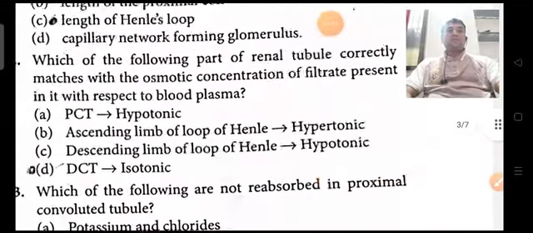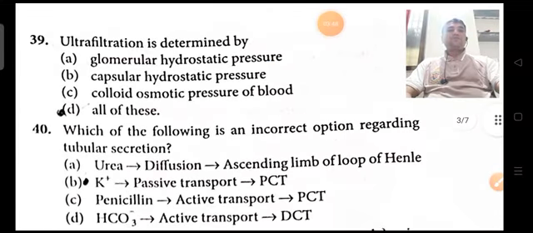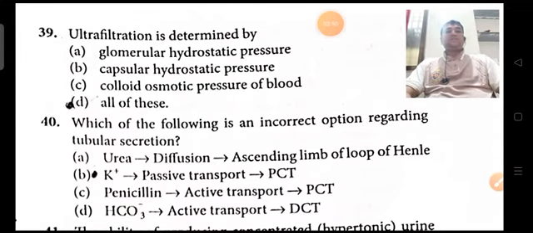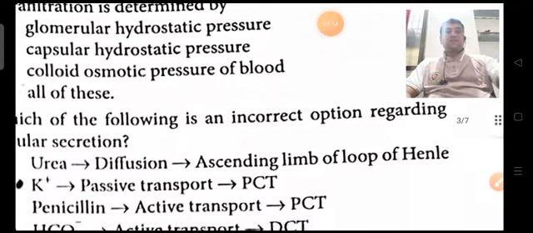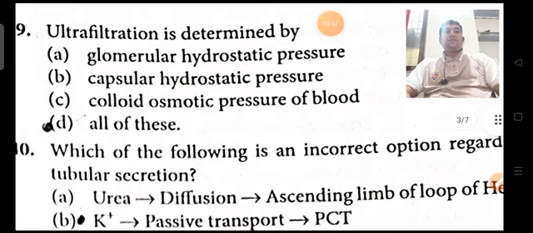Next, coming on to the next question: ultrafiltration is determined by... Ultrafiltration means fine filtration, where glomerular hydrostatic pressure (GHP) is involved, capsular hydrostatic pressure (CHP) is involved, and colloidal osmotic pressure (COP) of blood is also involved.